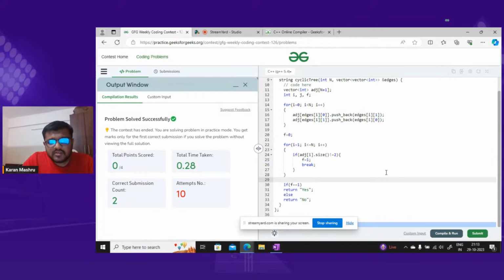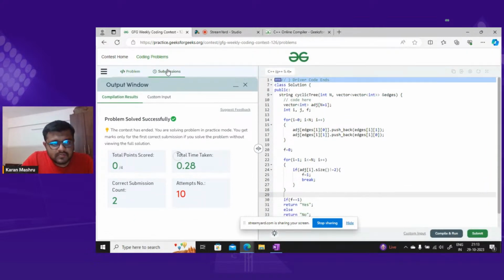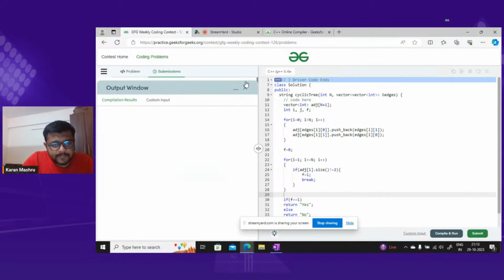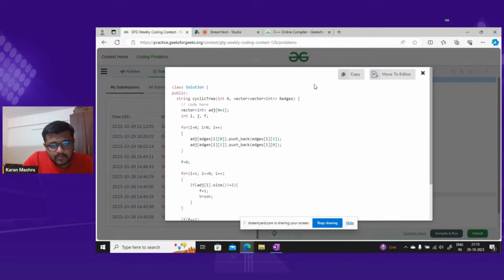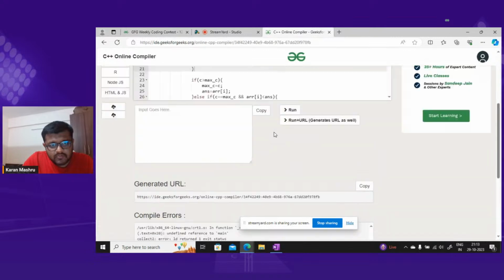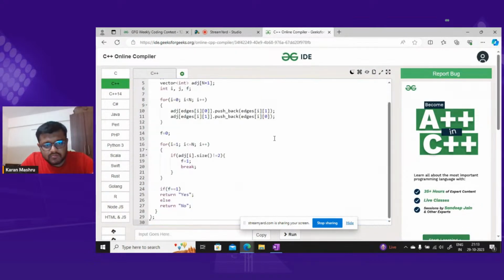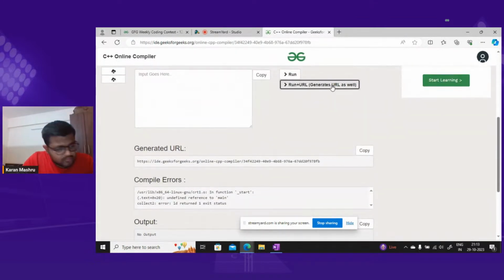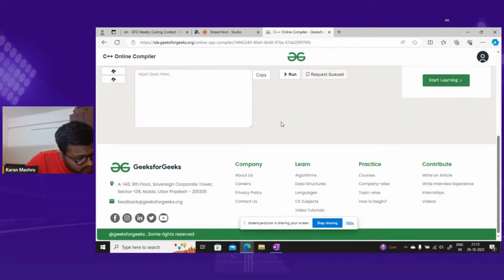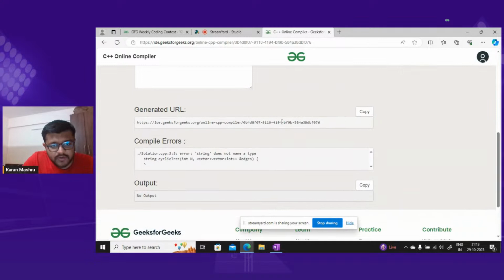Let me share the code. I need to focus. I will see tomorrow. Okay, no problem. Mohit, please let me know whether you want me to repeat this.